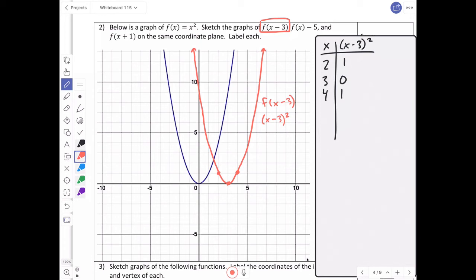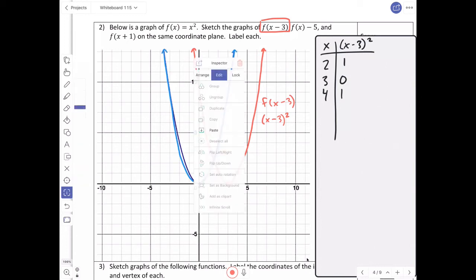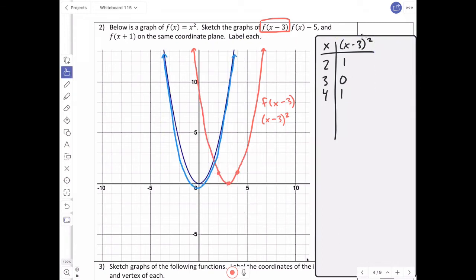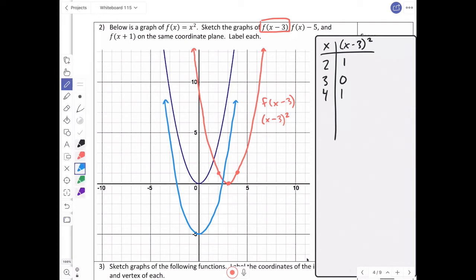Okay, and then I'm going to make my next one in blue. And again, I'm going to copy the parabola. And f of x minus 5 is going to move me down 1 space, 2 spaces, 3 spaces, 4 spaces, 5 spaces. So that's that one in blue.